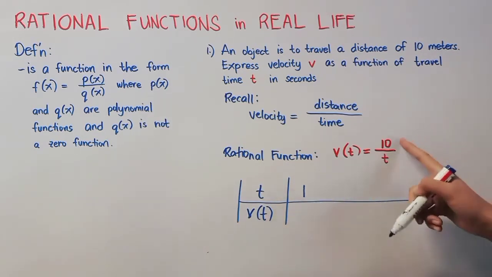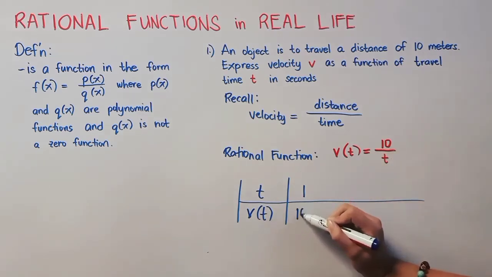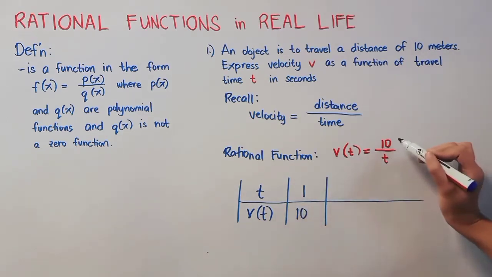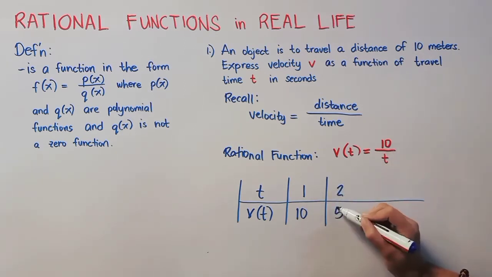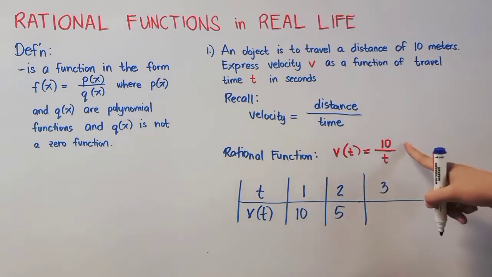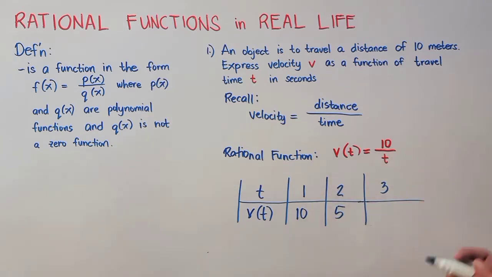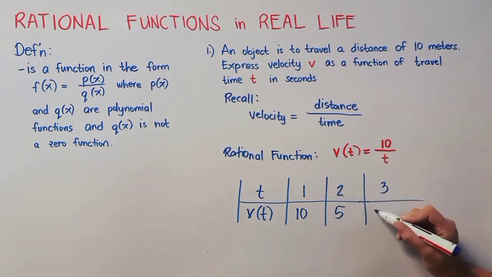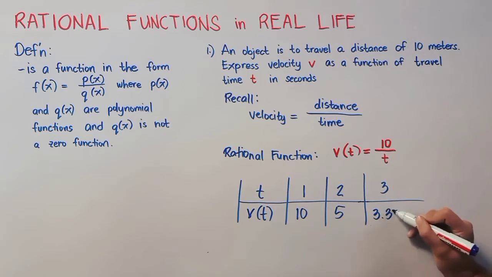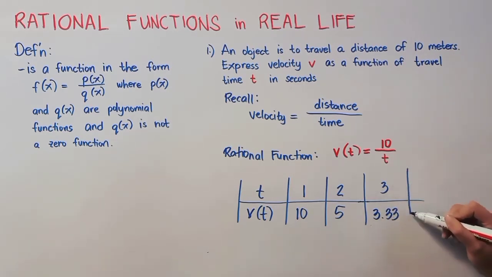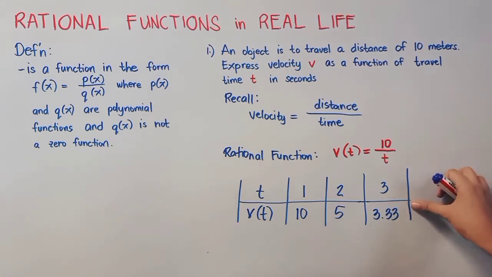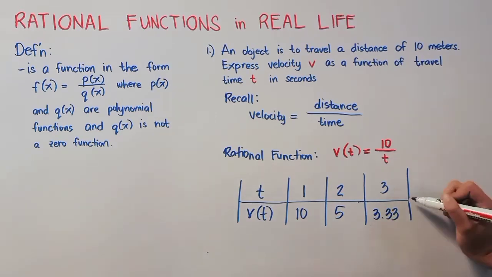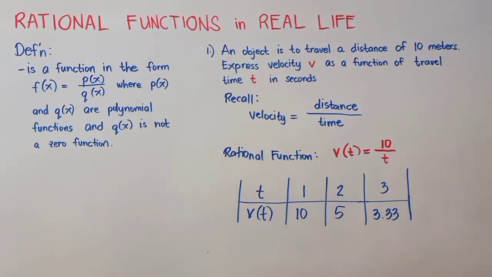So we'll start with 1. 10 over 1 is 10. Next is 2. 10 divided by 2 is 5. So we will simply substitute here. And next, if we have 3 here, then that would be 10 divided by 3 is 3.33 or 3 1/3. Now you can have additional values of time here, but since it's not stated in the given, I will just stop here.